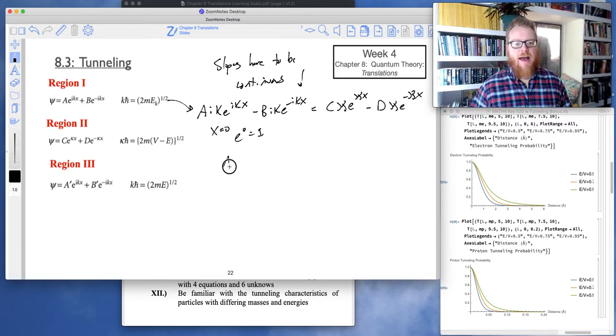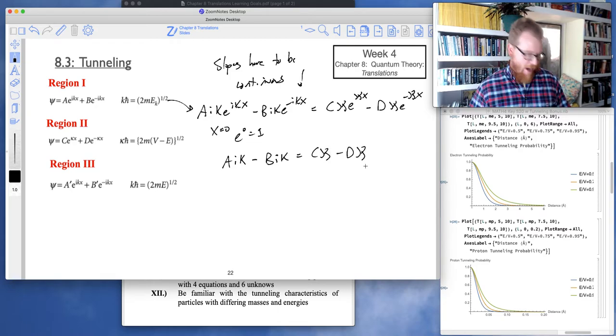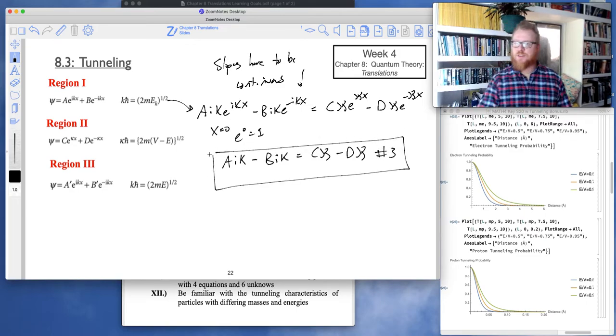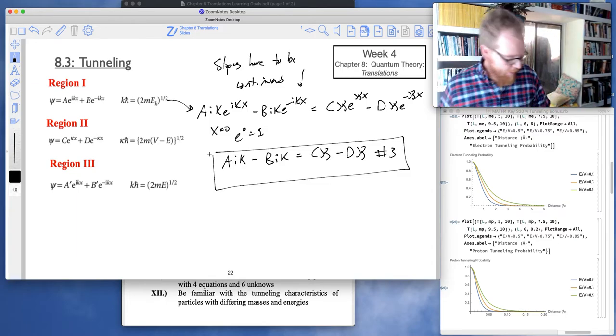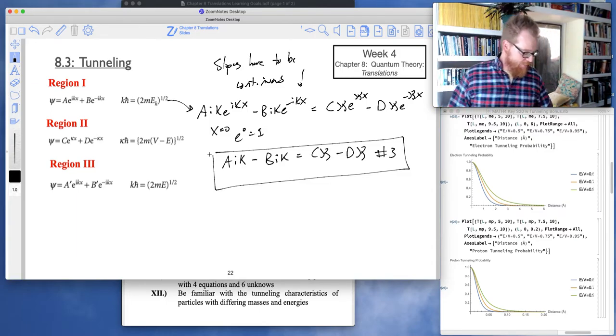And now what I'm going to have is A ik minus B ik, and that's going to equal Cκ minus Dκ. I'm going to call this one number 3, and I'm going to box this one off as well. There's our third and final condition.